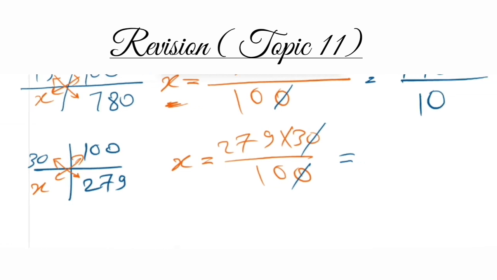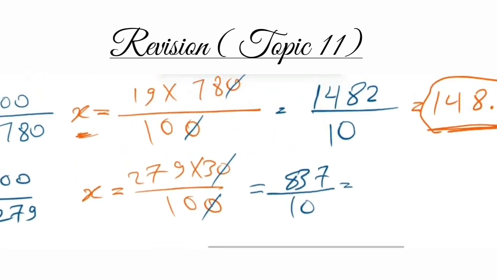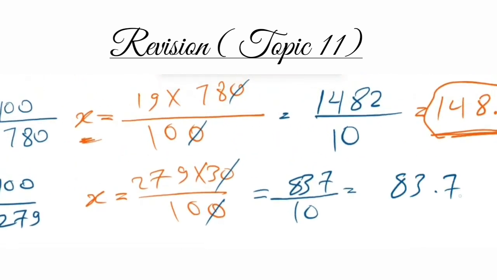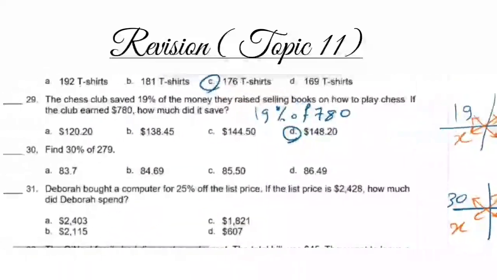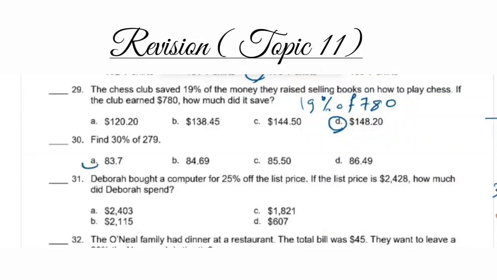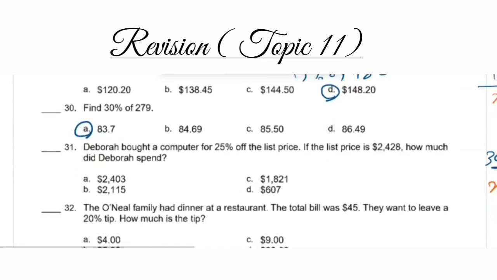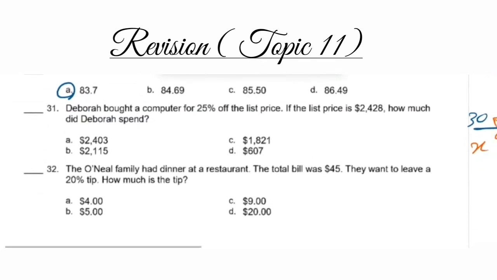Then multiply 279 by 3. You will get 837. Place the point after one digit, so it's 83.7. And the answer is A.